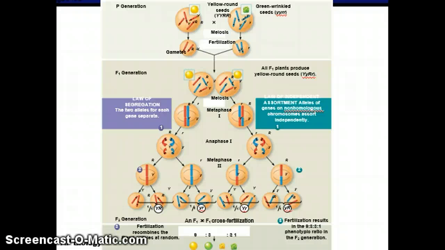And so we can see the yellow round seed and the green wrinkled seed. And now we know that those are two characters that have two different alleles. There's the dominant Y and the recessive y for the color, and then we have the dominant R and the recessive r for the shape of the seeds.